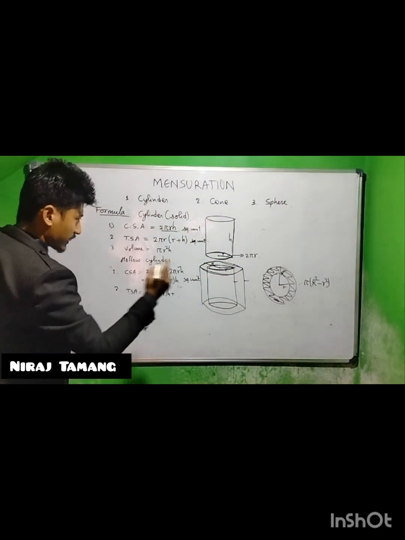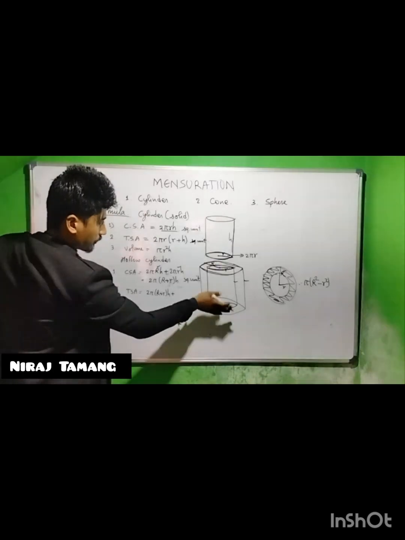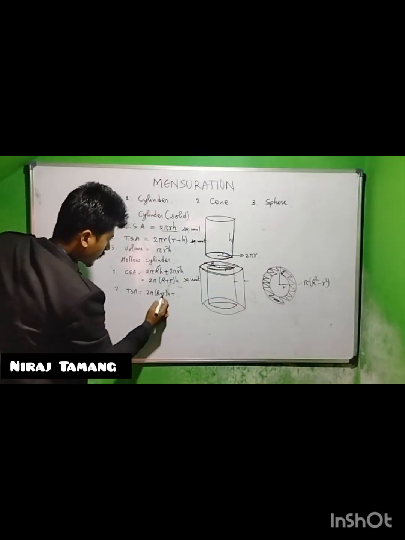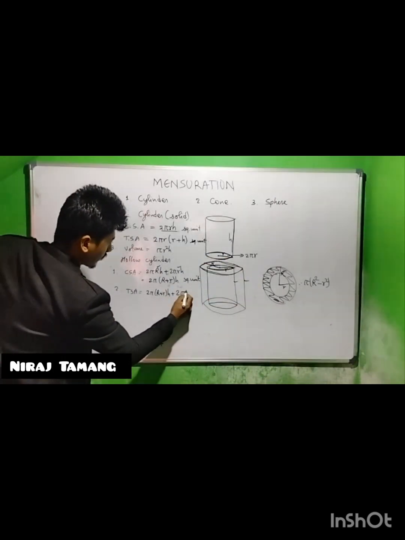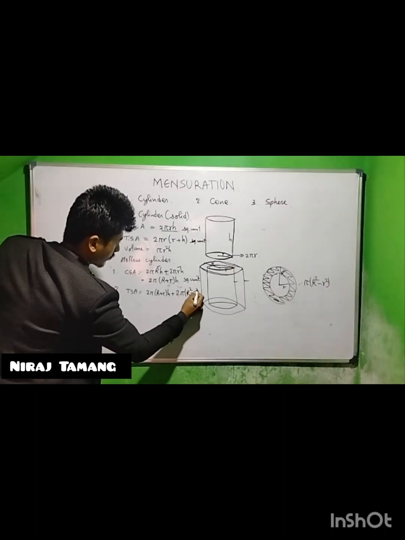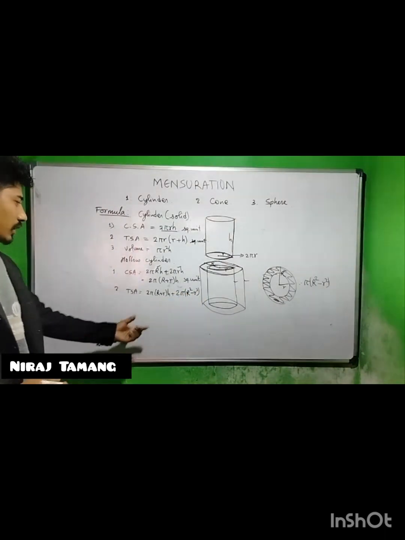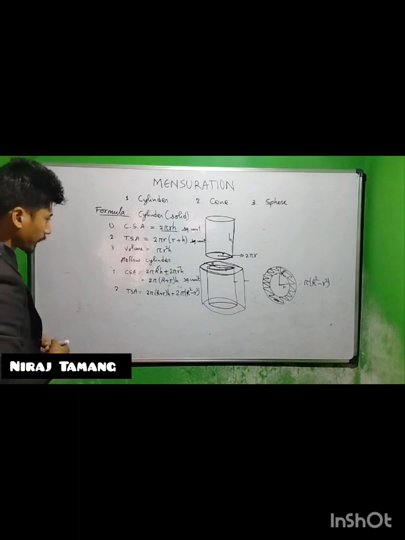Since we have two surfaces like this, upper and lower, we'll write 2 pi (R square minus r square). So this is one of the formula for TSA.